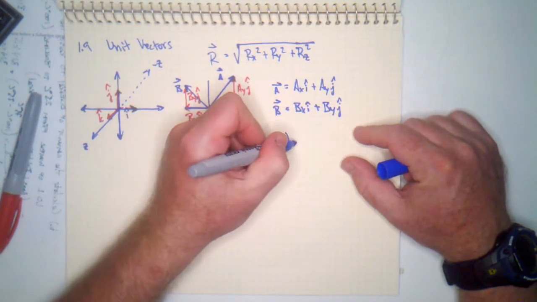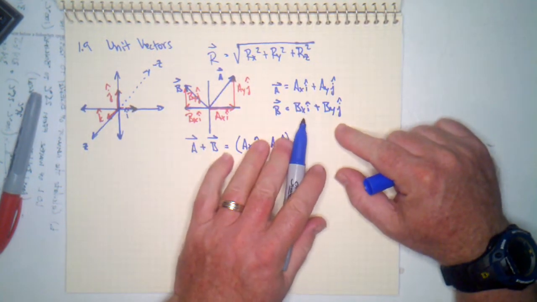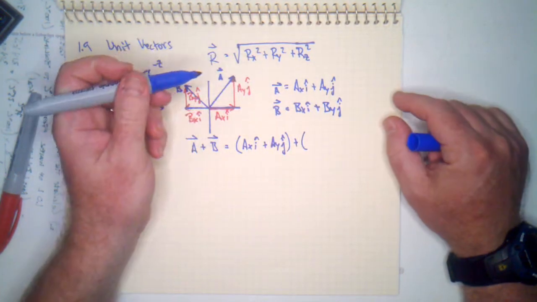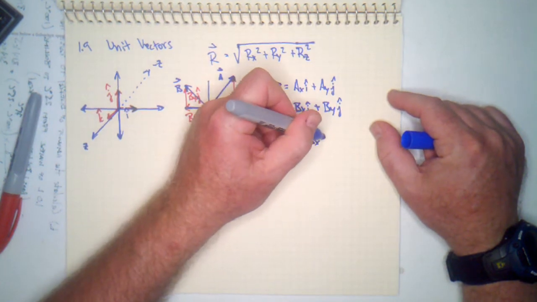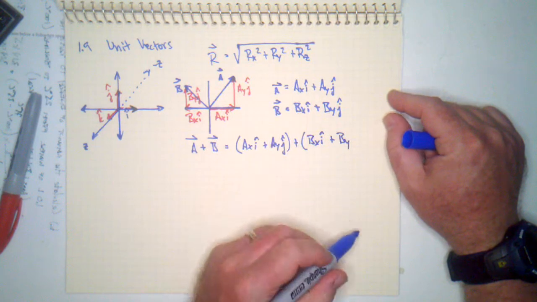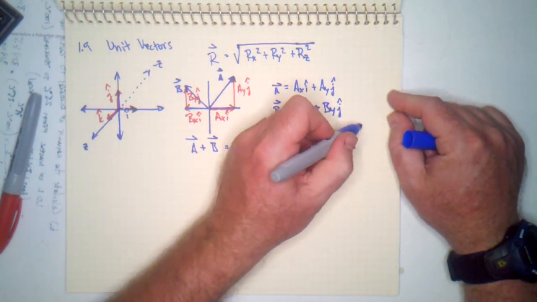And then vector B, if that equals Bx i hat and By j hat, we can write that out as Bx i hat plus By j hat.